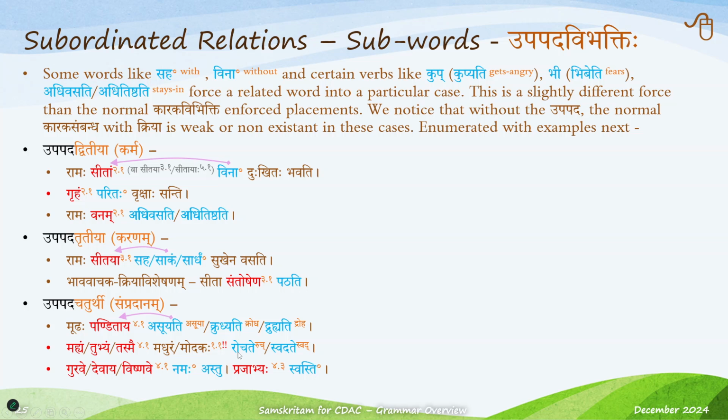Rama is the karta, pushpa is the object of giving, and the person who receives it, Sita, goes to Sitayai, the Chaturthi ekavachana of Sita shabda. Well done. But here rochate: Sitayai Ramaha rochate. That is the form we are talking about.